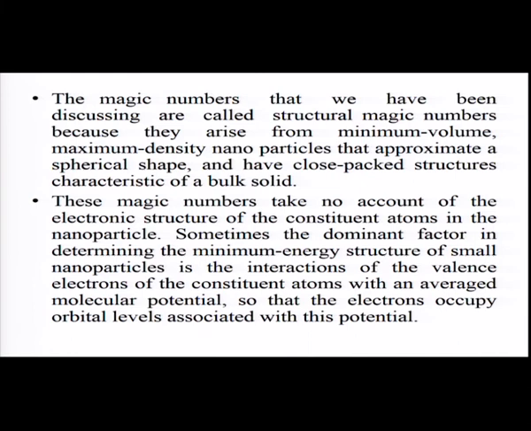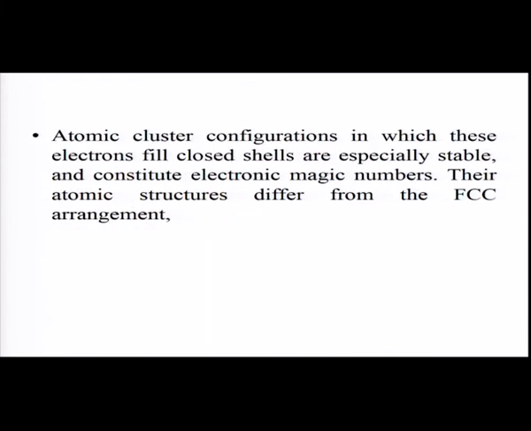Therefore, sometimes the dominant factor in determining the minimum energy structure of small nanoparticles is the interaction of the valence electrons of the constituent atoms with an averaged molecular potential, so that the electrons occupy orbital levels associated with this potential.